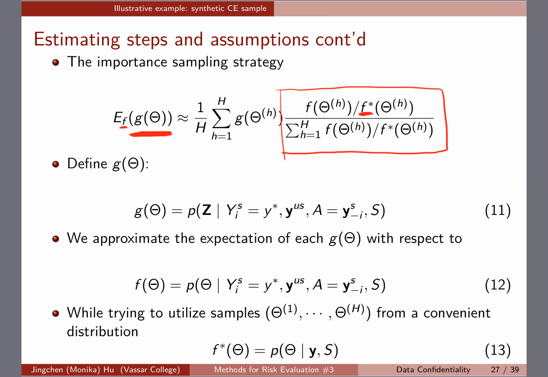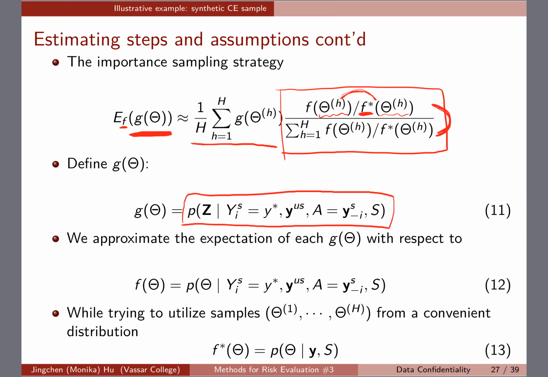So we estimate the ratio of f over f star given the particular theta h parameter draws that you're having, and then you get the ratio across. This is renormalization in some way, and then you're able to use importance sampling to estimate the expectation of g theta. Okay, so g theta is that equation 9, which now I use equation 11.